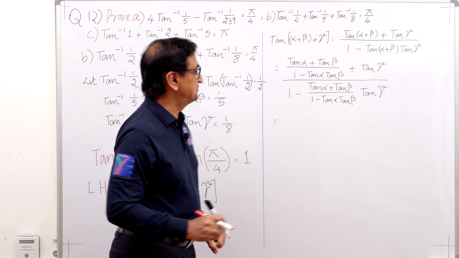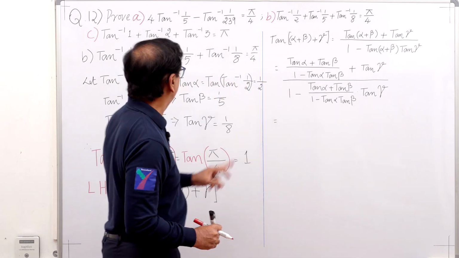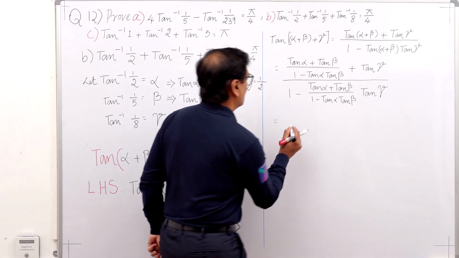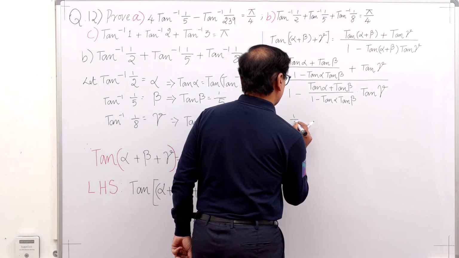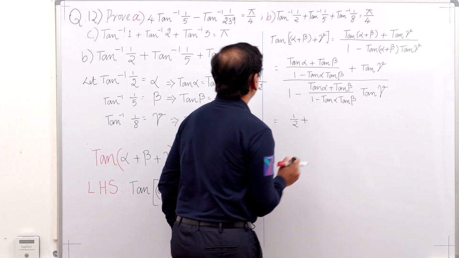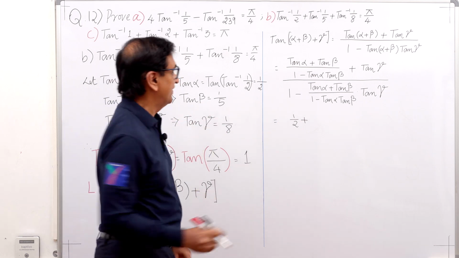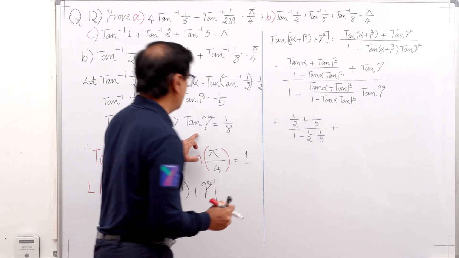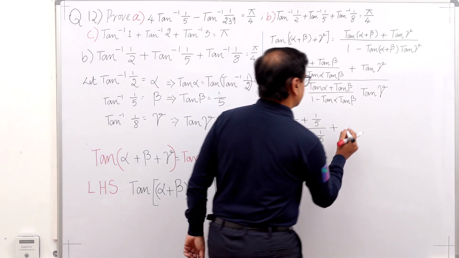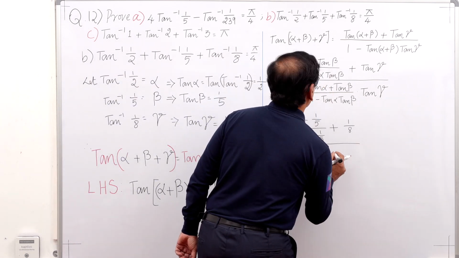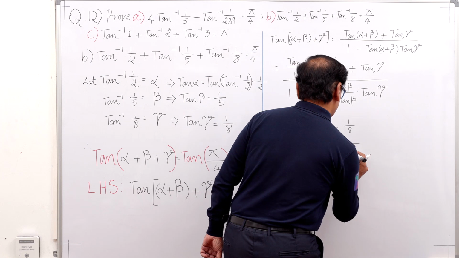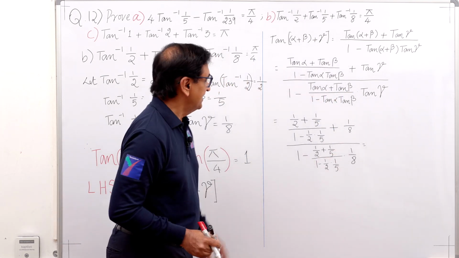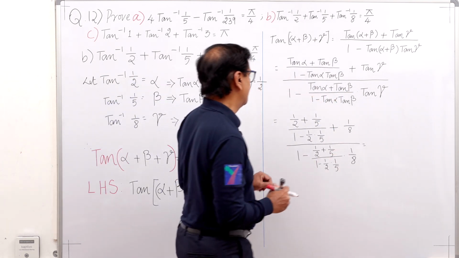Let us directly substitute the values. So tan alpha is 1 over 2, so 1 by 2, plus tan beta is 1 by 5, plus tan gamma is 1 divided by 8. Now it's fairly simple algebra to complete.